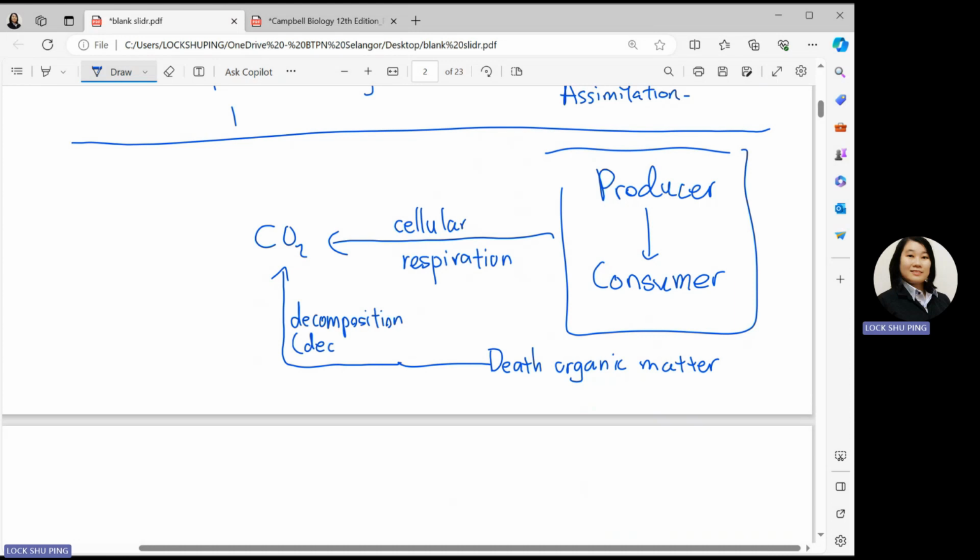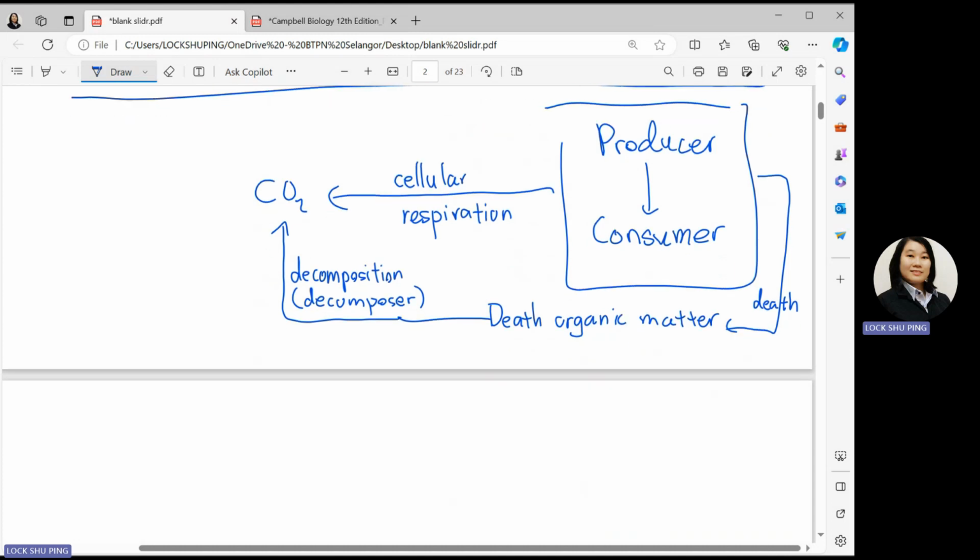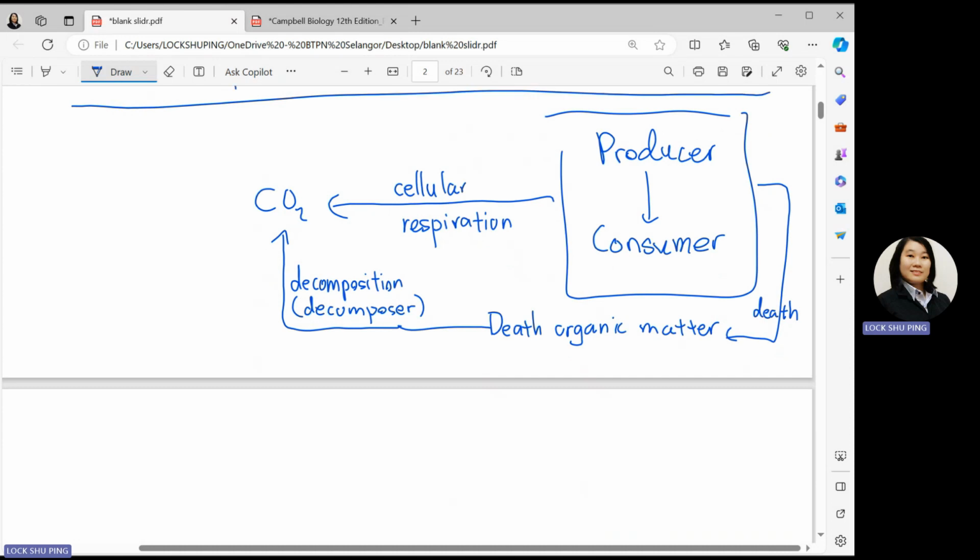This dead organic matter is produced when the consumer or the producer dies. When they die, the dead organic matter is broken down by the decomposer, and through the process of decomposition, they also release the carbon as carbon dioxide.